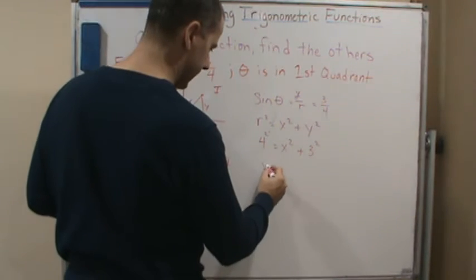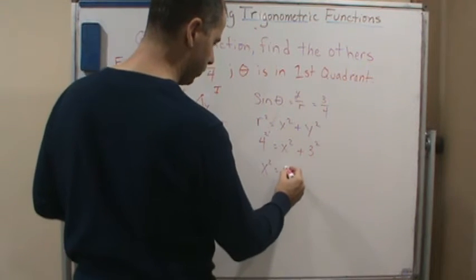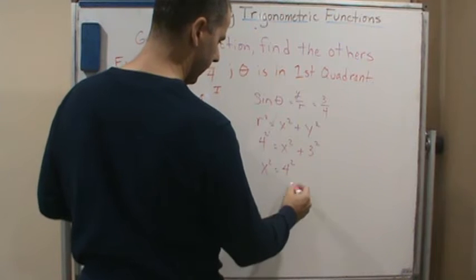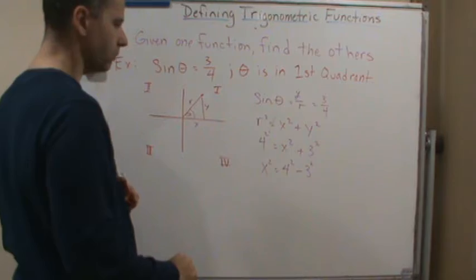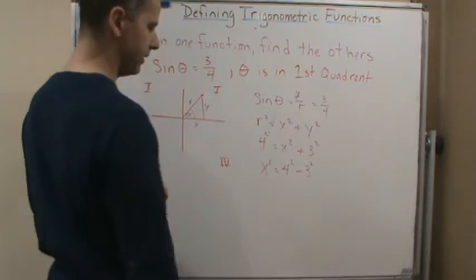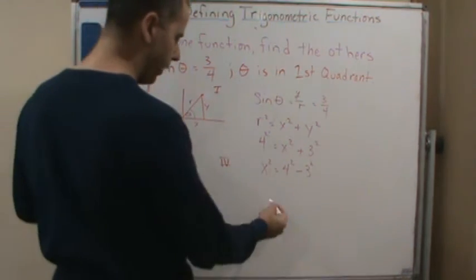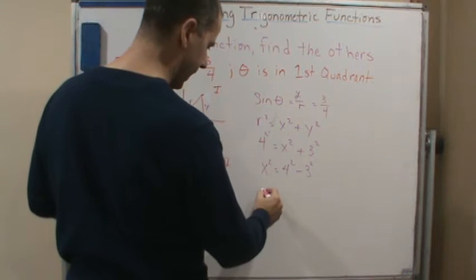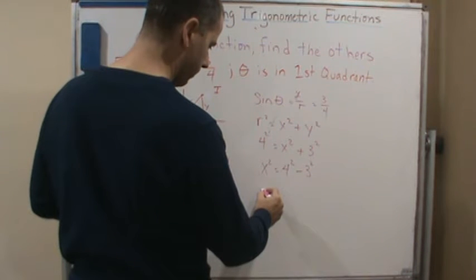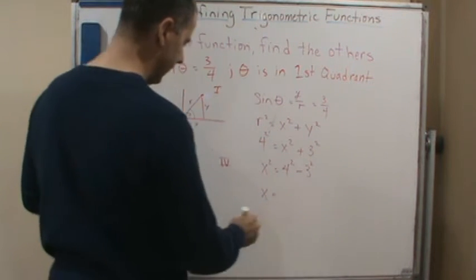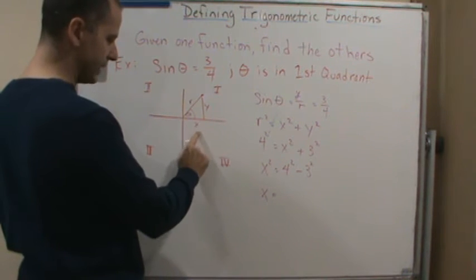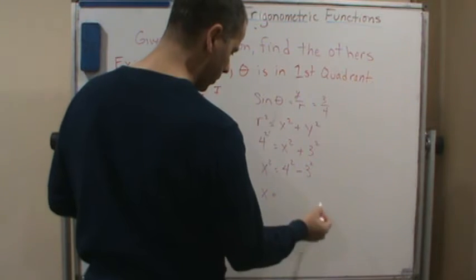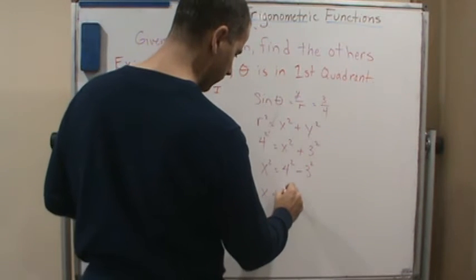Remember, I've got to isolate the variable. So x squared equals 4 squared minus 3 squared. If I take the square root of both sides, x equals, since this is in the first quadrant, we know x has to be positive, so we're just going to take the positive square root.